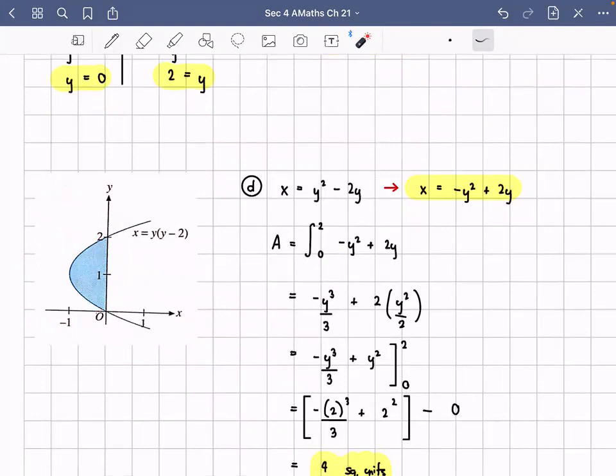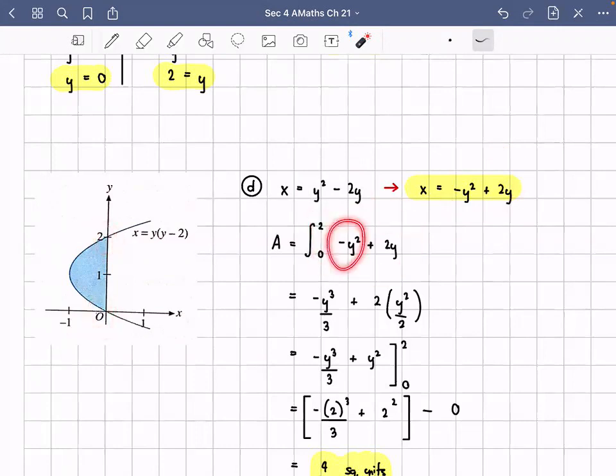So from here, this is in terms of y, but since the shaded region is on the left side of the y-axis, this is multiplied by negative 1, so it's now negative y squared plus 2y. So let's get the antiderivative of this from 2 to 0.